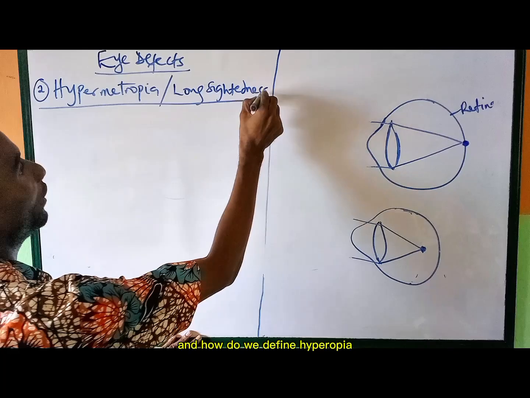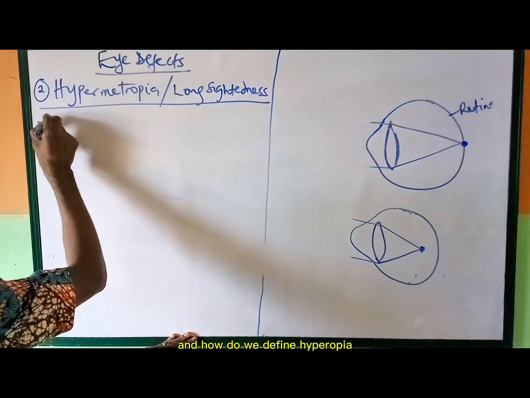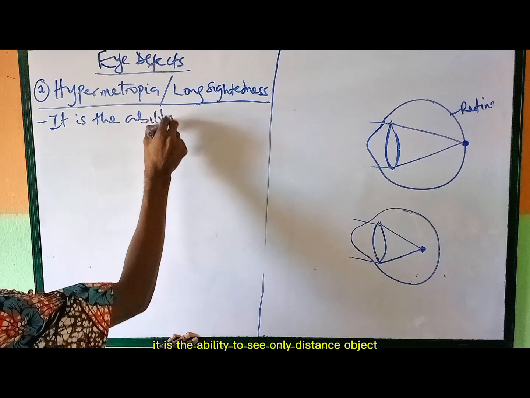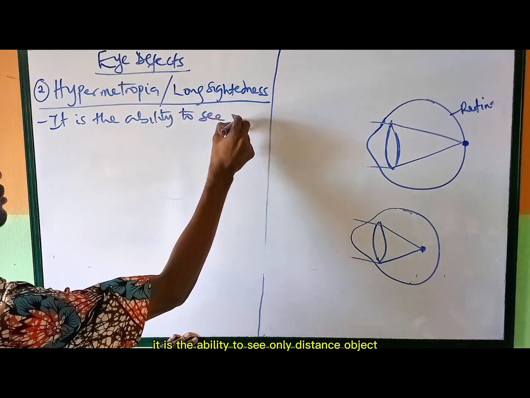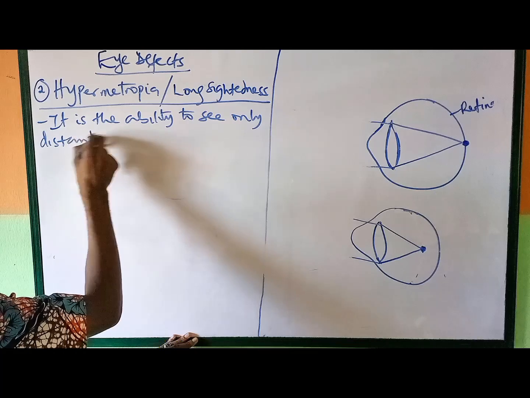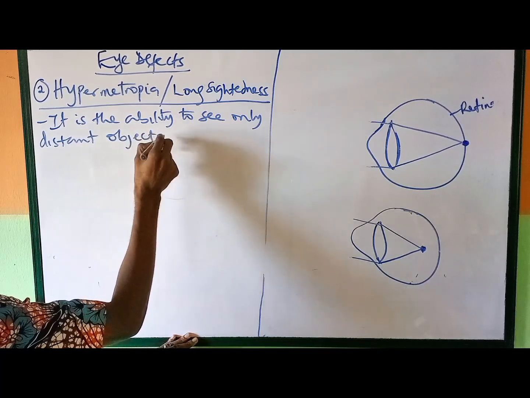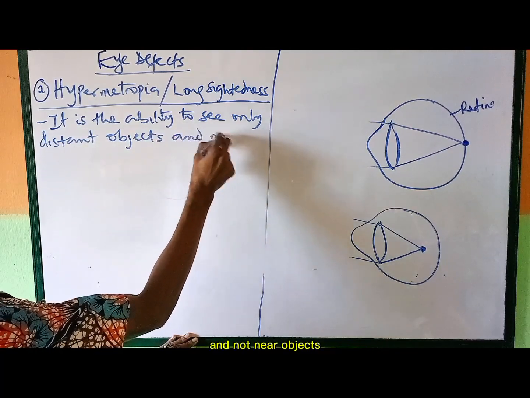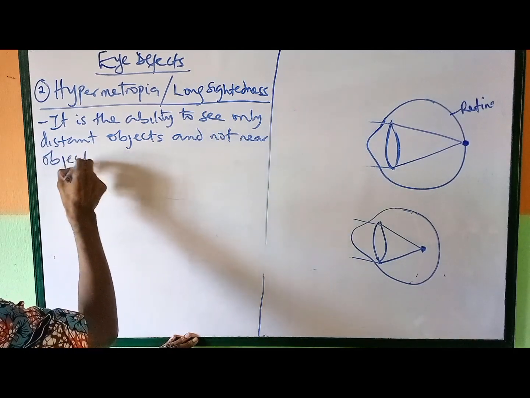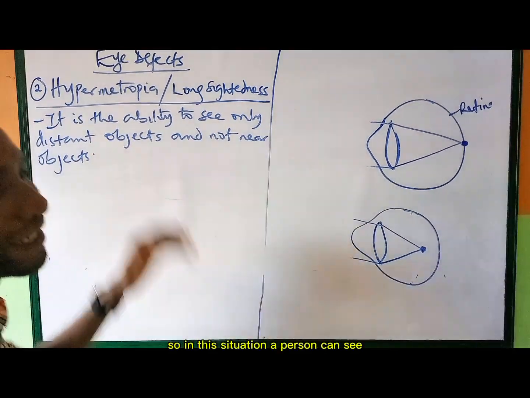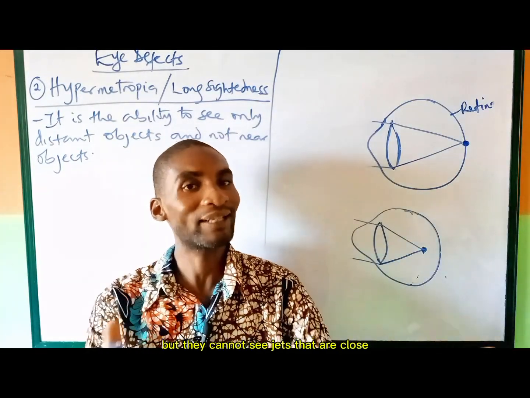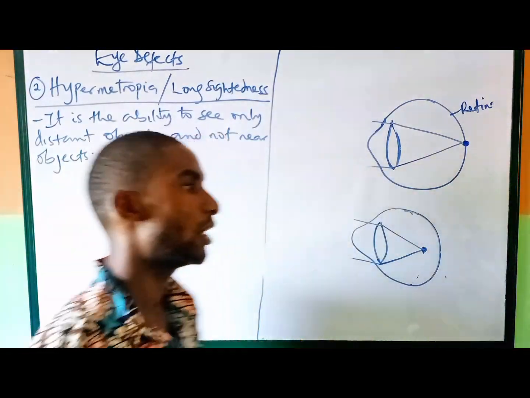And how do we define hypermetropia? It is the ability to see only distant objects and not near objects. So in this situation, a person can see distant objects, objects that are far away, but they cannot see objects that are close. And why?